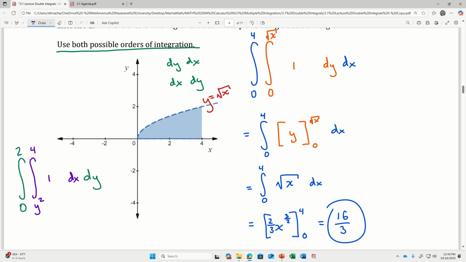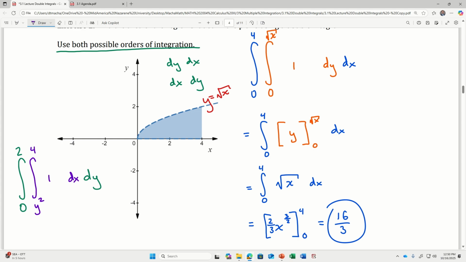I need the outside integral to have constants as the lower bound and upper bound. Because when I'm done integrating, I want to have a constant number answer. I don't want to be left with any variables in my final answer. If I made either the lower bound or the upper bound a variable or a function of a variable, then you'd be done integrating, you'd plug in the upper bound, lower bound, you'd subtract, and your final answer would still have variables.